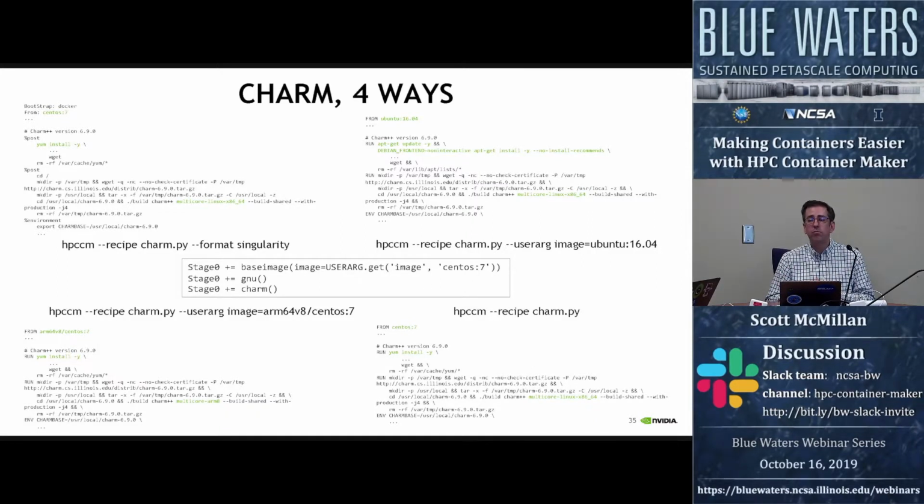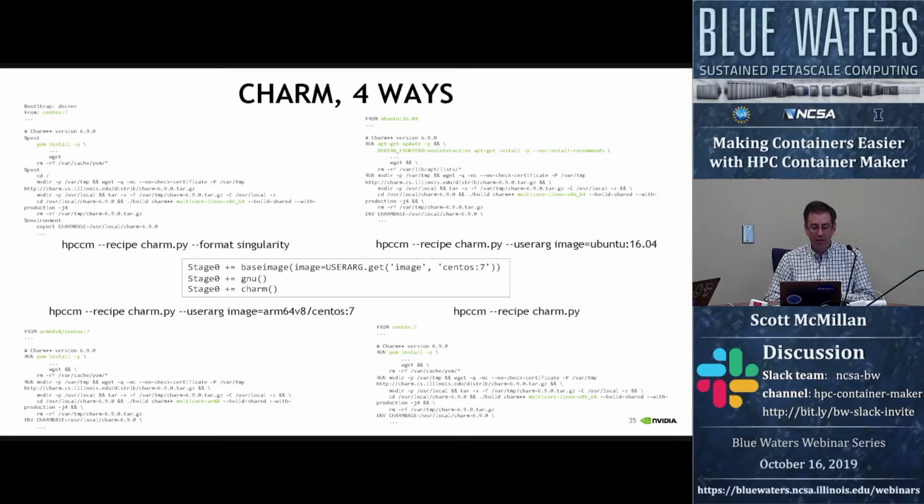If I just do hpccm recipe charm, I get the thing on the lower right, which will use a CentOS image and Yum to install everything, and will build an x86 version of Charm. This is sort of a trivial example in that really the only change is you're telling Charm to build the multi-core Linux x86 package in that case.